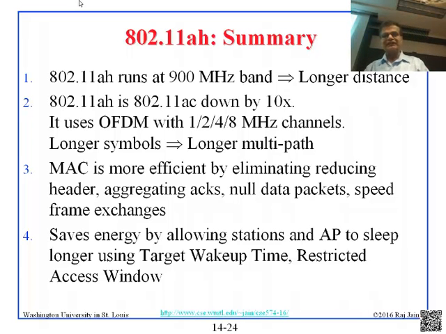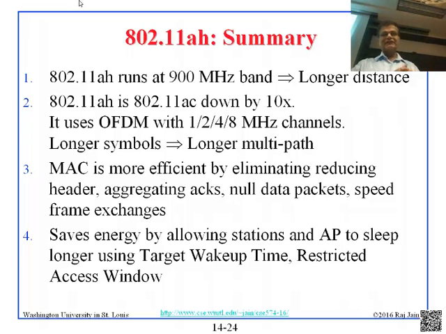That brings us to the end of AH. It runs at 900 megahertz, and you know why at 900 and not at 2.4? Because 900 goes much farther, at least 3 times longer, if not more. And they didn't have to invent a new PHY for it.